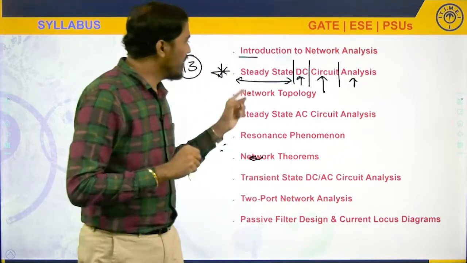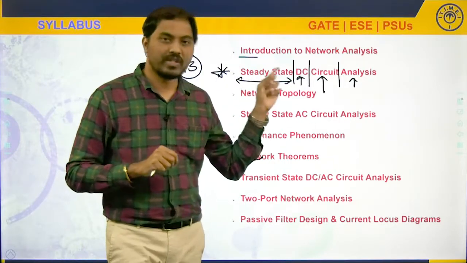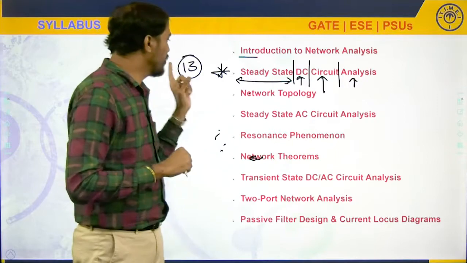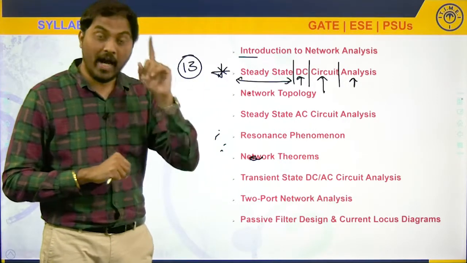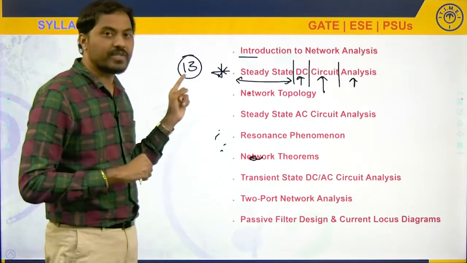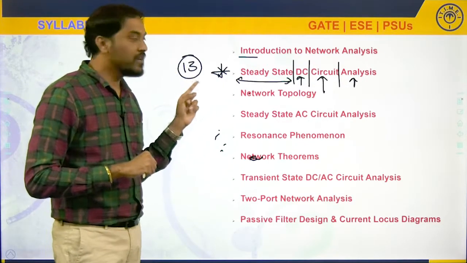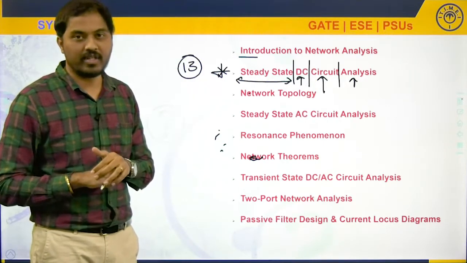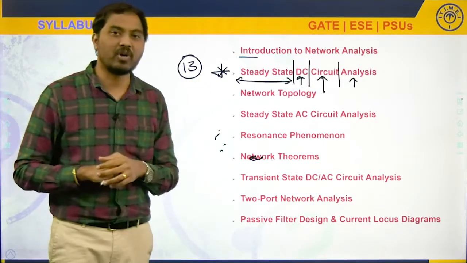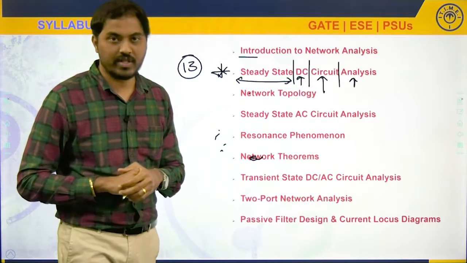So the main objective of this steady state DC circuit analysis is to learn these 13 techniques very carefully. And it's not just learning these 13 techniques, it's also learning which technique to be used where. That is the most important thing you should do in this chapter called steady state DC circuit analysis.